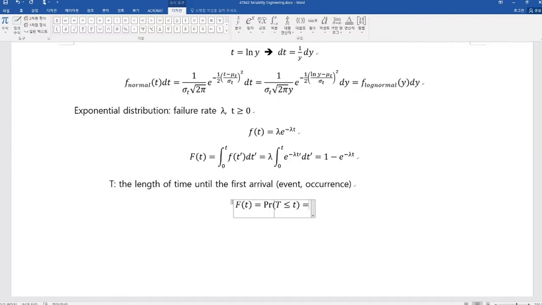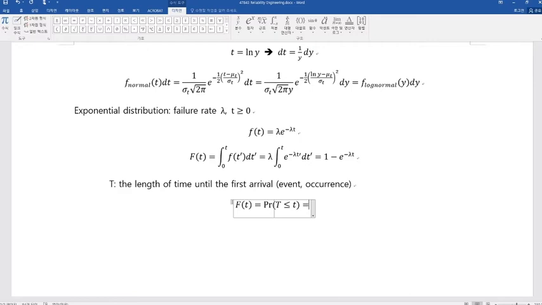Poisson distribution is, in fact, the probability distribution when a specific number, like k events, occurs during the time t, when the failure rate or event occurrence rate is given as lambda.